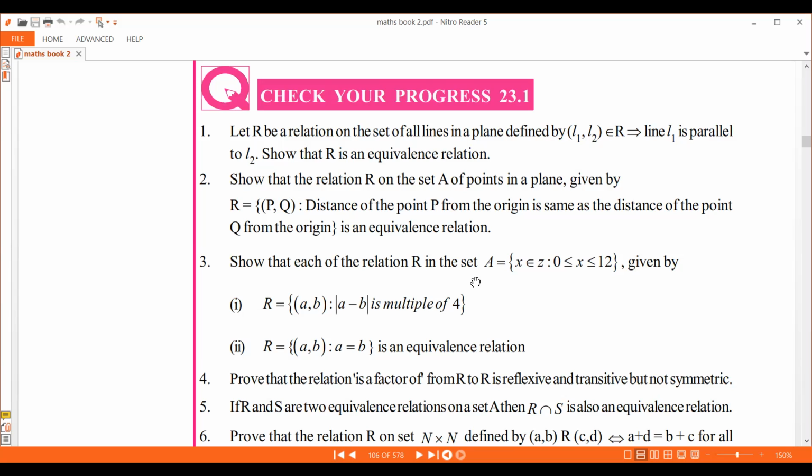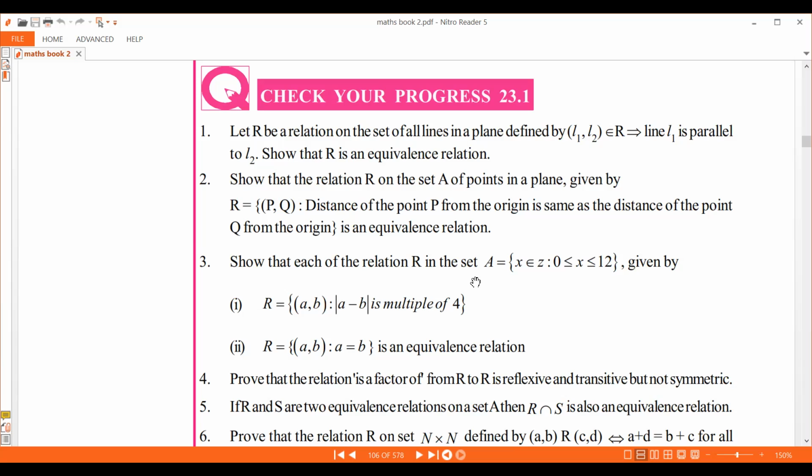Now let us see the next question. Show that the relation R on the set A of points in a plane given by R = {(P, Q): distance of the point P from the origin is the same as distance of the point Q from the origin} is an equivalence relation.